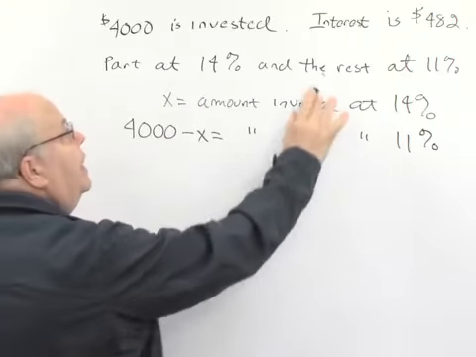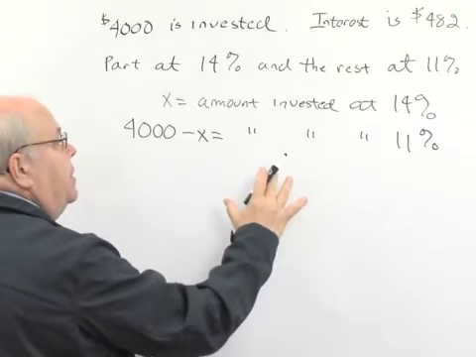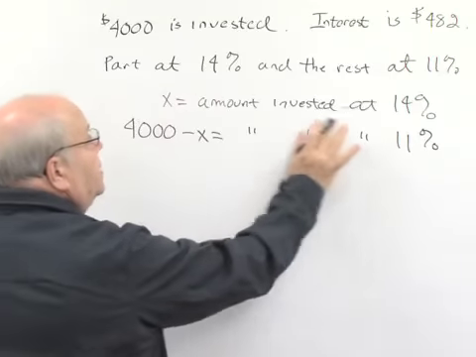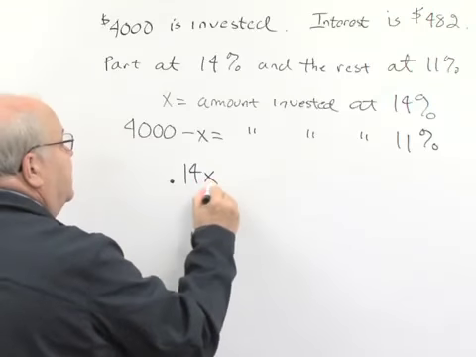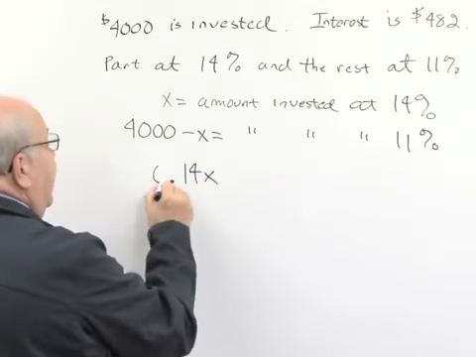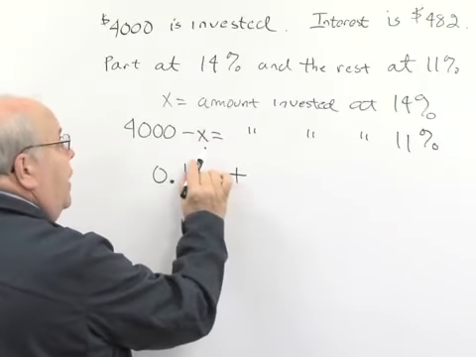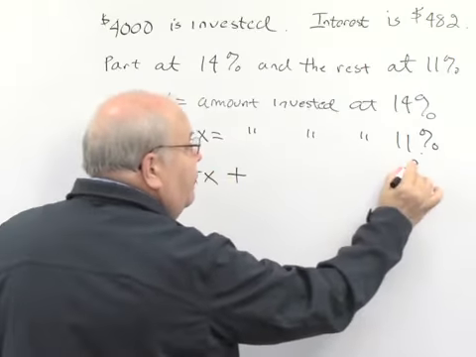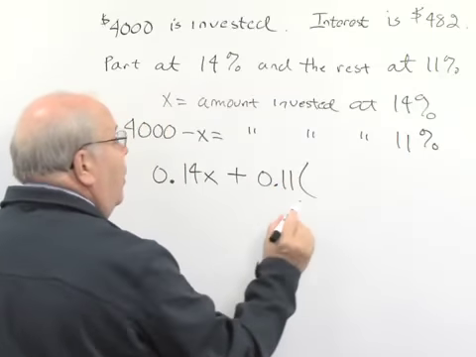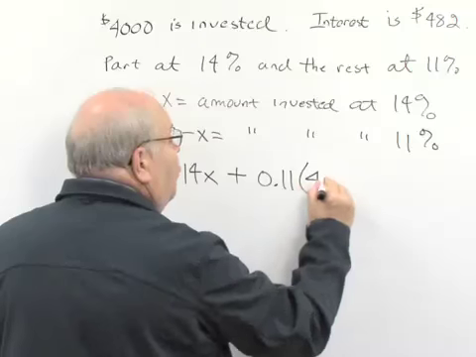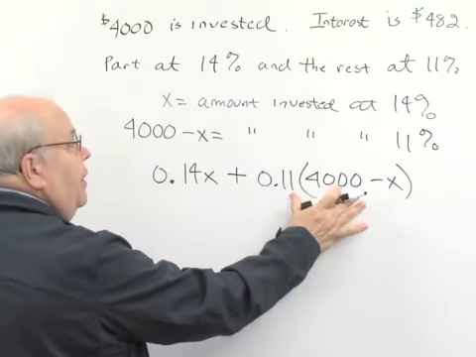Now, how do we find interest? We have to take the interest rate times the amount of money. If our money is invested at 14%, then 0.14 times x would tell us how much interest we have. If we have 4,000 minus x dollars invested at 11%, then 11% or 0.11 times 4,000 minus x will tell us how much interest we have for that.